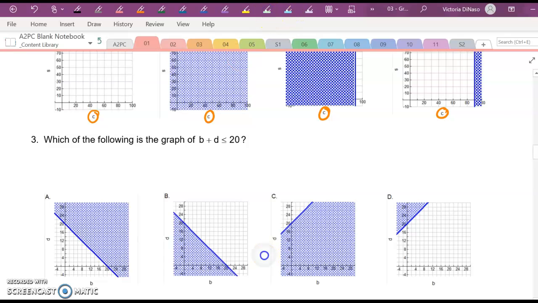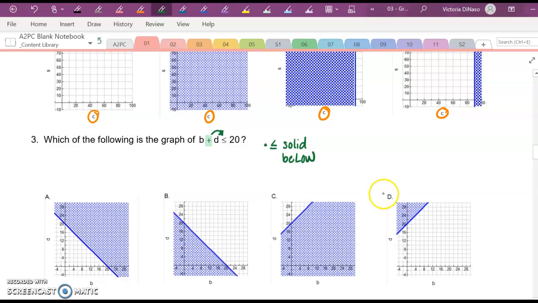So for number 3, the sign is positive, so therefore it's going to stay the same, no flipping. So we have less than or equal to, which means two things. I'm going to have a solid line, and we're going to shade below.